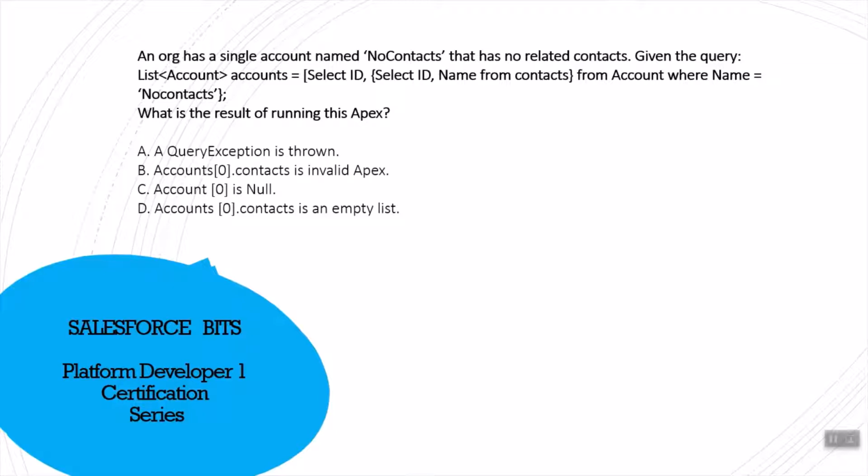No, it's very much valid Apex. And account of 0 is null. No, there is only one account as mentioned in the question. And account.0.contacts is an empty list. This is the more relevant statement because there is an account but there is no contact. So this, account of 0.contacts is an empty list, is the right answer.